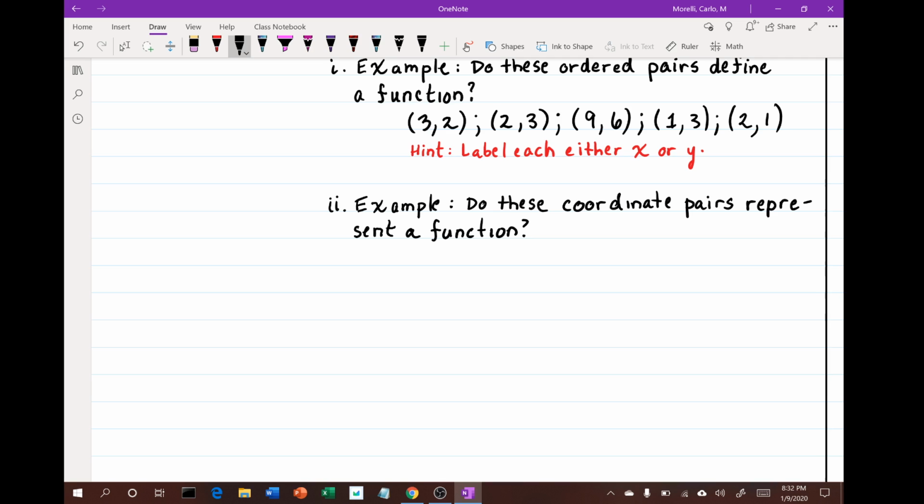Let's see here. I got an idea. Okay, so well, we'll just do another example.